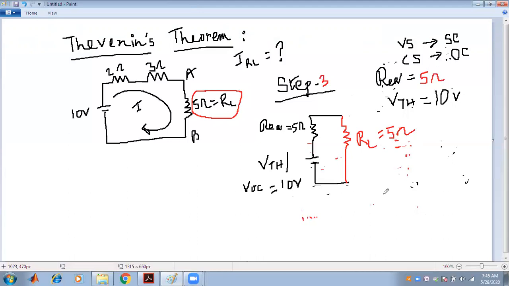R equivalent or RTH will be the same, the Thevenin equivalent resistance. And the resistance at which we have to measure the current, the 5 ohm that we open circuited at step 1, will be connected in series with the R equivalent.